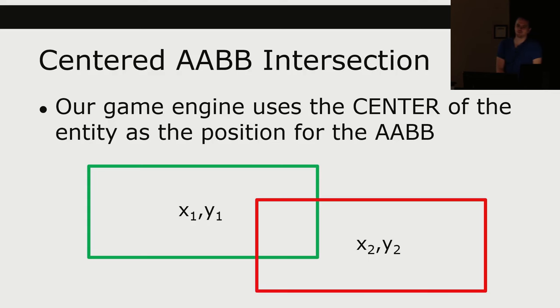That affords us some nice mathematics at the expense of a little extra mental load, since x1, y1 is now the center. So let's look at the math with respect to the center of a rectangle.